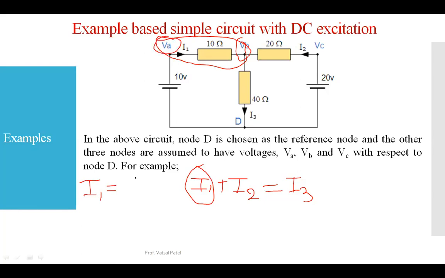So can we write like this? The potential difference between those two nodes, VA minus VB, divided by the resistance of 10 ohm. Are you getting it? Yes or no?